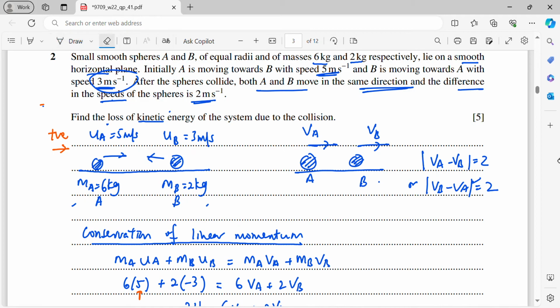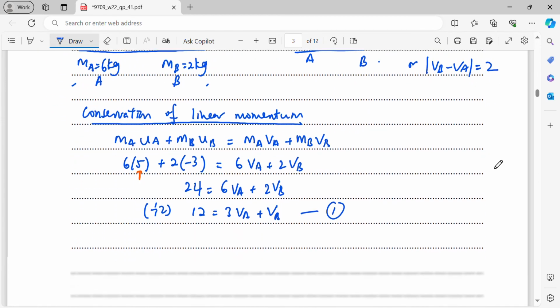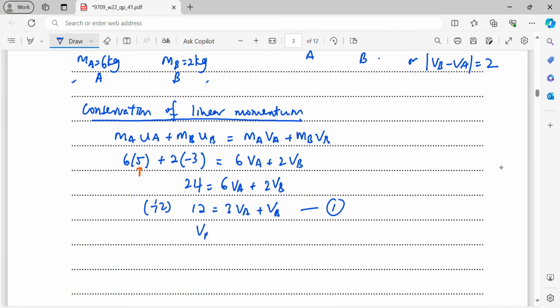Alright, I will just take the second one, vB minus vA is 2. So this is the second equation. Then I can find vB, which is 2 plus vA. That is my second equation.